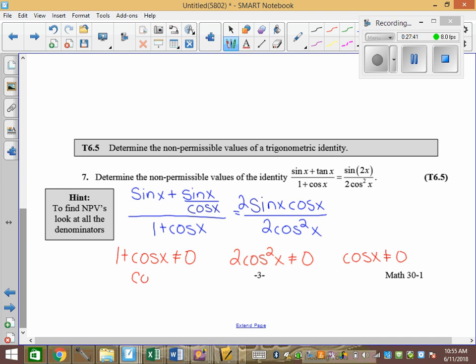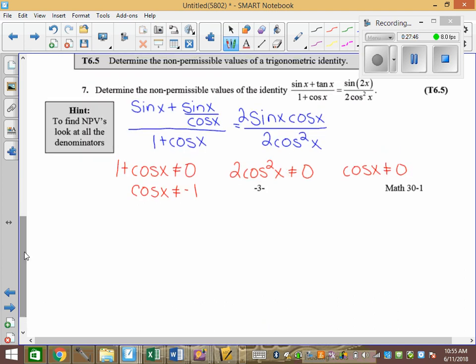So for this one, we're going to have cos x cannot equal negative 1. Where does cos x equal negative 1? At 180 or, that's not tricky. That is pi, yeah.